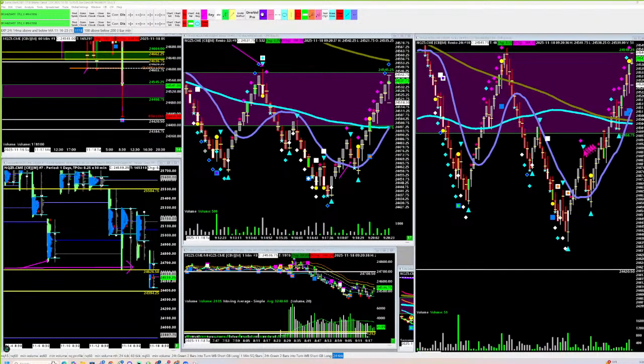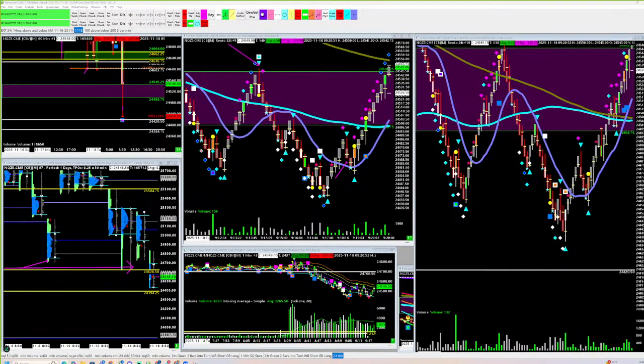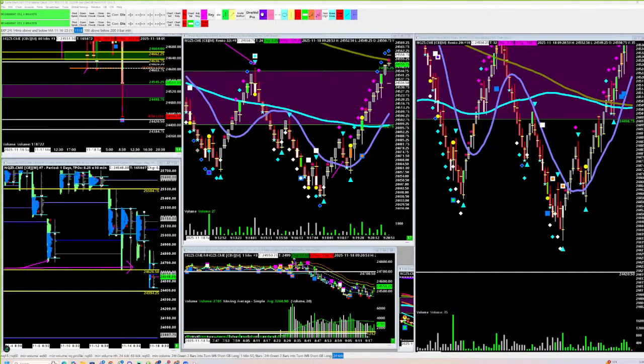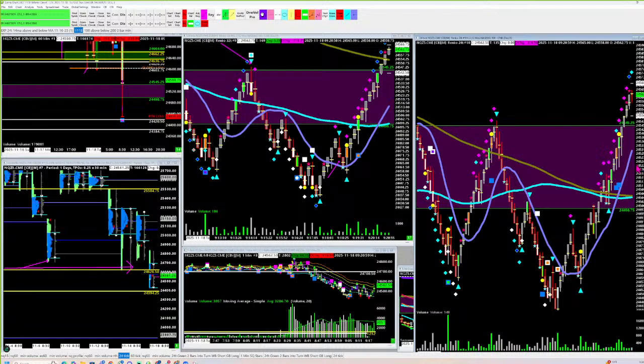Coming back to that 44 area, that's what they had to break. Here's where everyone's looking, whether they take it out there. Attempt.